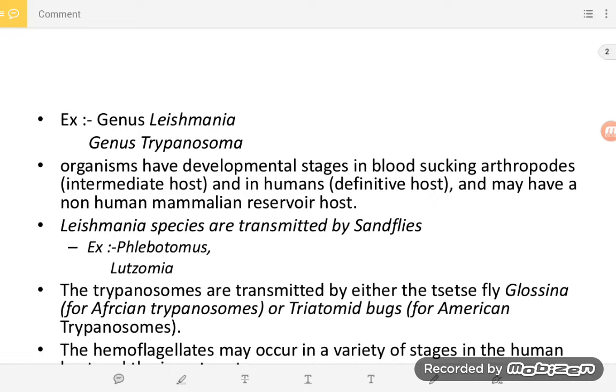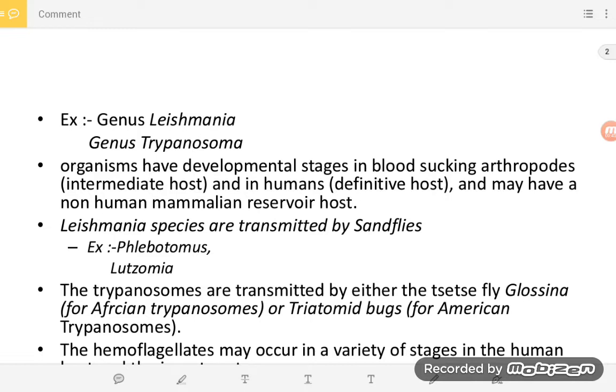So these are the intermediate host. That means blood-sucking arthropods are the intermediate host, and humans are the definitive host, and they may have a non-human mammalian reservoir host also.